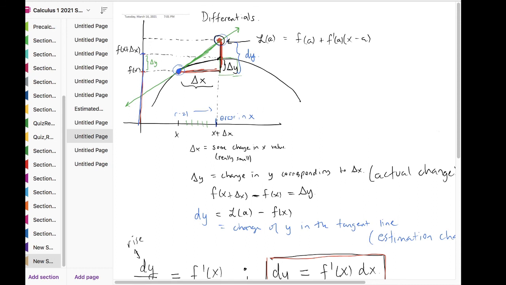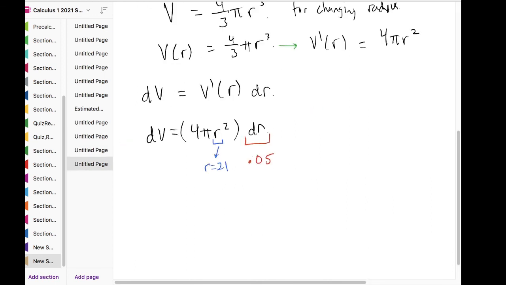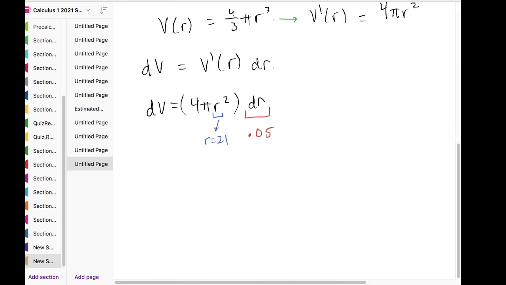At worst, since the derivative is close enough to the curve, the derivative is a good approximation of how bad you went. So plugging that in, it is 4 pi 21 squared times 5/100.